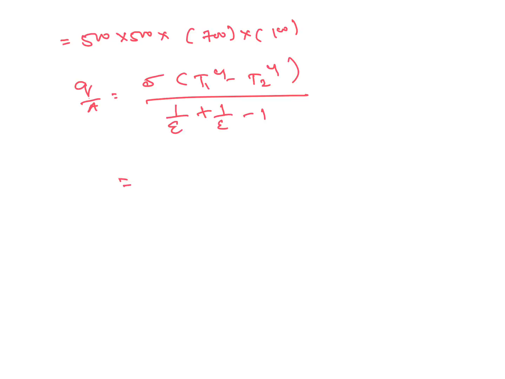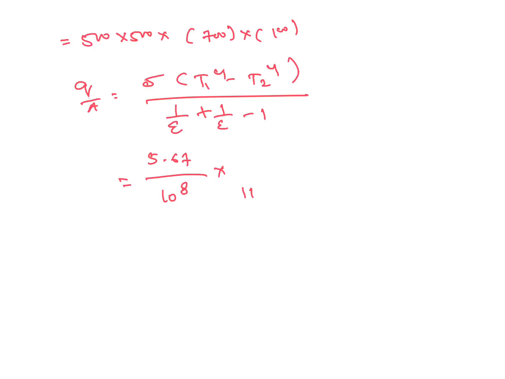Put the values: 5.67 into 10 power minus 8 into that. Already we got 1 by epsilon plus 1 by epsilon minus 1 is 11 by 9.